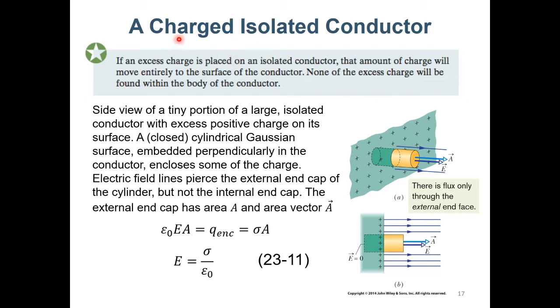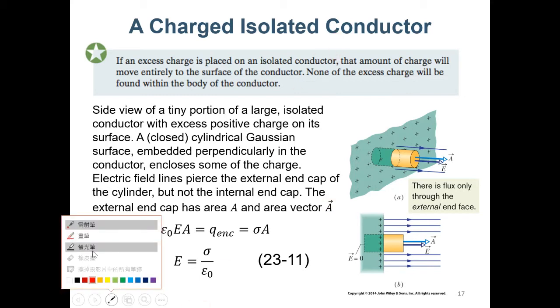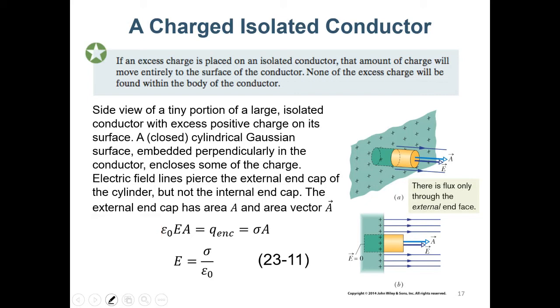Next we talk about a charged isolated conductor. Charged isolated conductor, which means this one, this green plane, and we assume for this case we have a positive charge here, and conductor is a very important keyword.